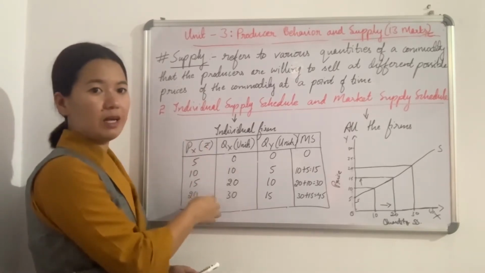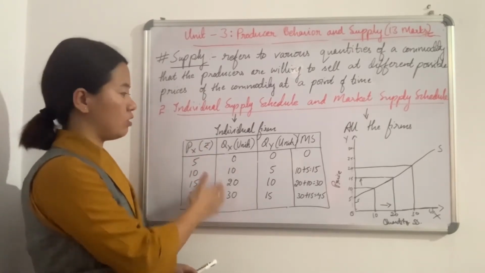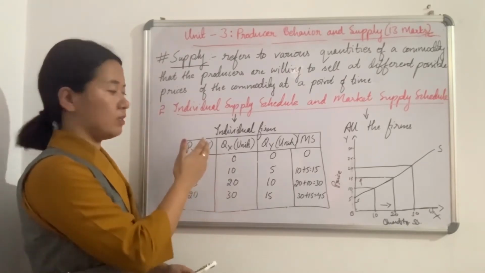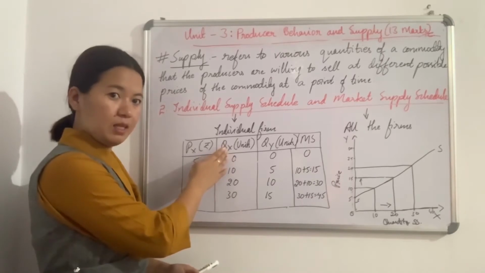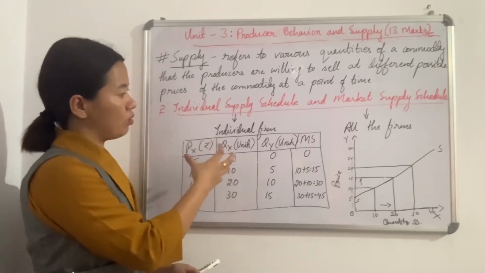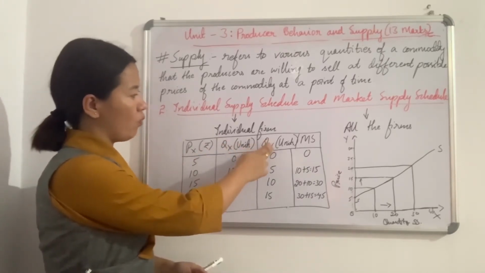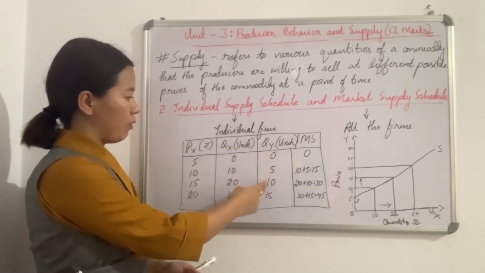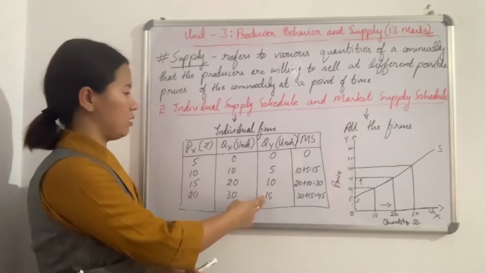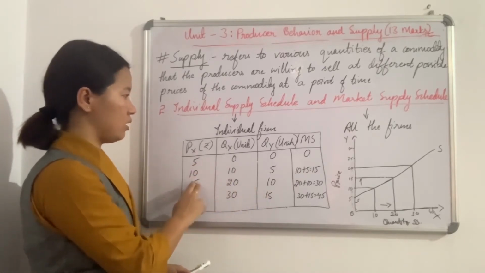This is called an individual schedule, as it is showing only the supply of one firm, that is firm X. So if I include firm Y, firm Y is producing or willing to sell this amount of commodity in the market according to the changes in the price.